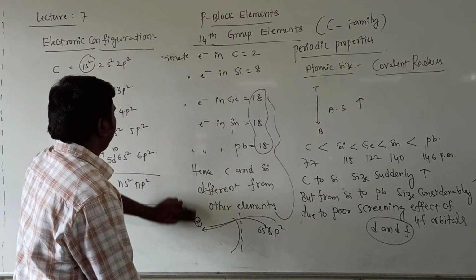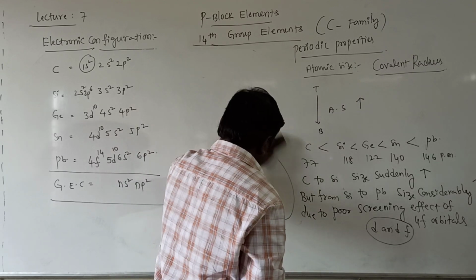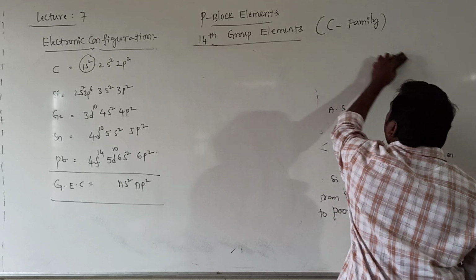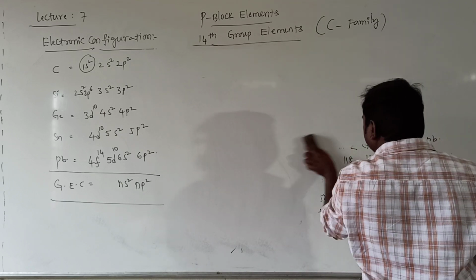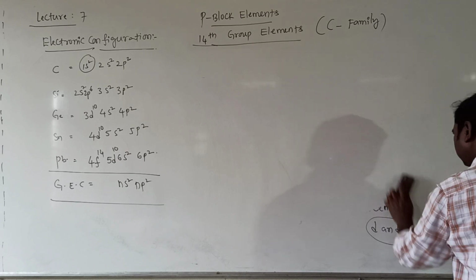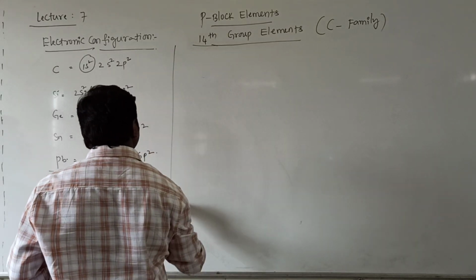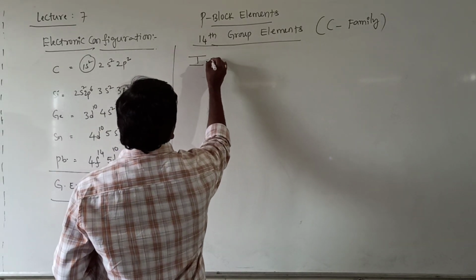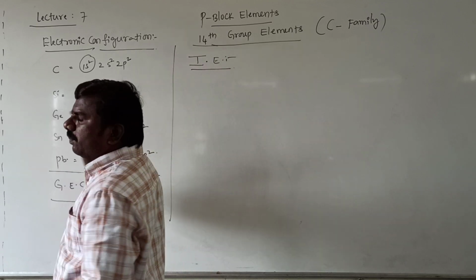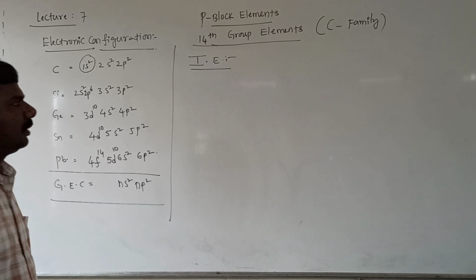Next property. The second periodic property is ionization enthalpy. Ionization enthalpy values: from top to bottom, size increases.